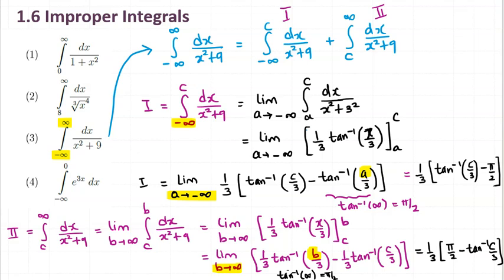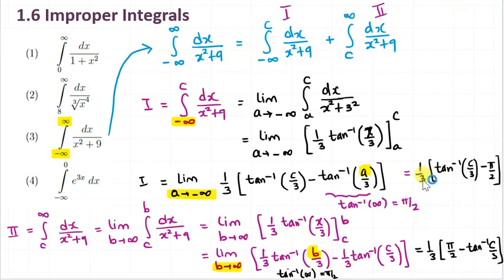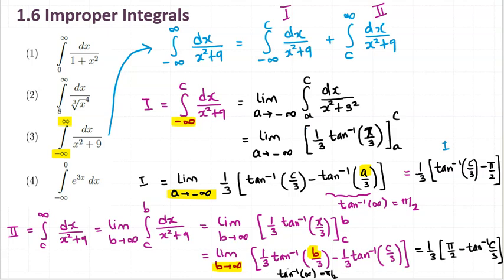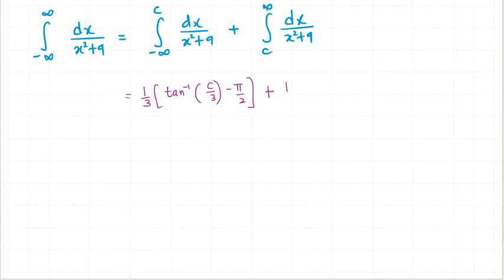So the final answer for this question will be: for part 1, we have 1 over 3 tan inverse of c over 3 minus pi by 2, plus for the second part, the answer is 1 over 3 [pi by 2 minus tan inverse of c over 3].